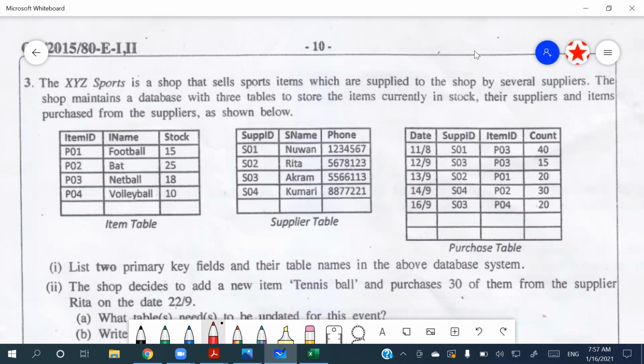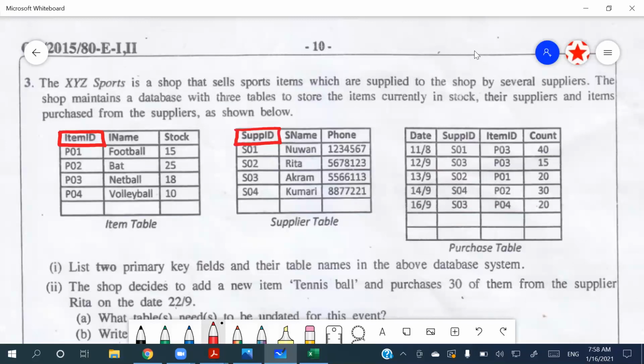And definitely not the stock, because it can easily be repeated, right? So for the item table, it's going to be item ID. And for the supplier table, in the very same manner, we can use supplier ID, name, and phone number. Even though the phone number is unique, when we compare supplier ID and phone, supplier ID will be a better choice, right?